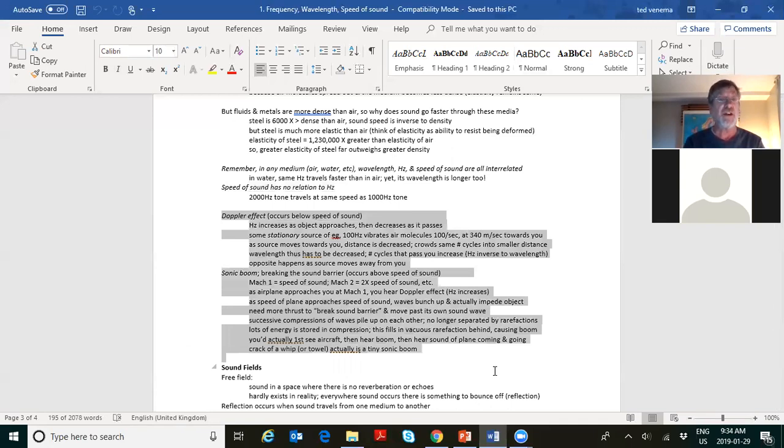The Doppler effect is stuff that happens below the speed of sound. Something coming toward you, you're going to hear a higher frequency, like a car or an ambulance or a cop car coming toward you. The siren, and as soon as it passes you, that's the Doppler effect.